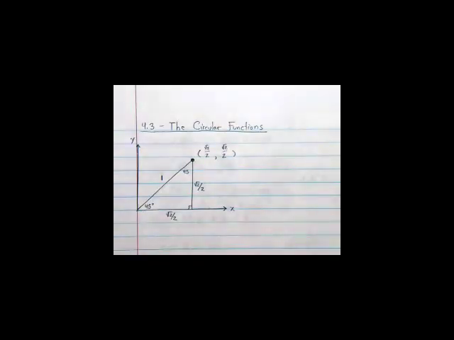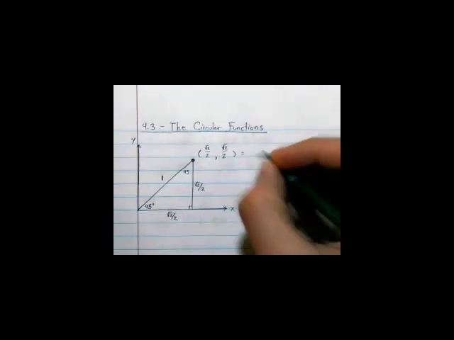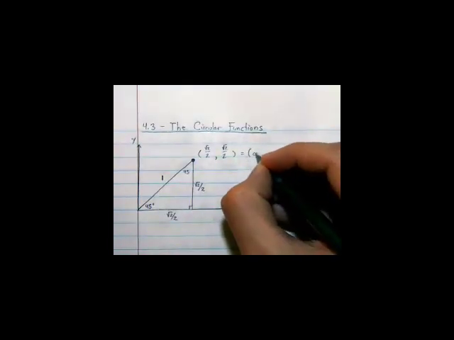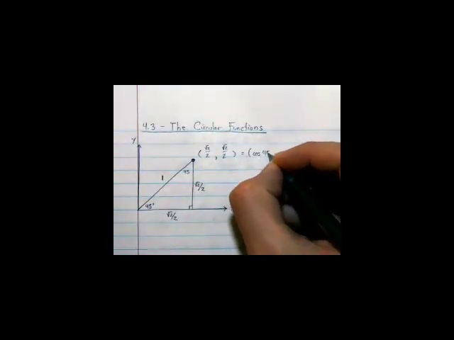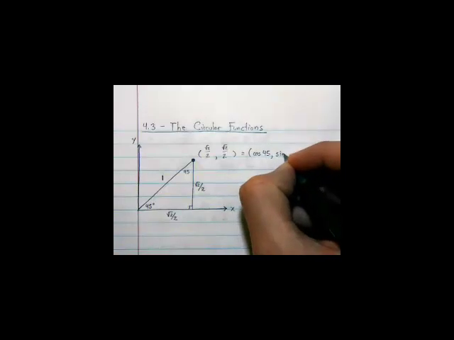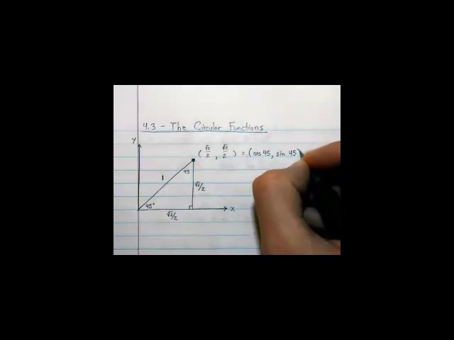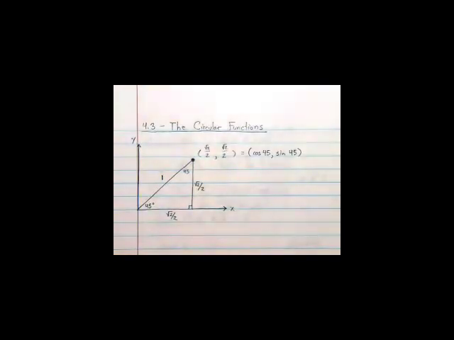Okay. And do you see how this is the same thing then as that? The coordinates of that point are simply the cosine of 45 and the sine of 45.